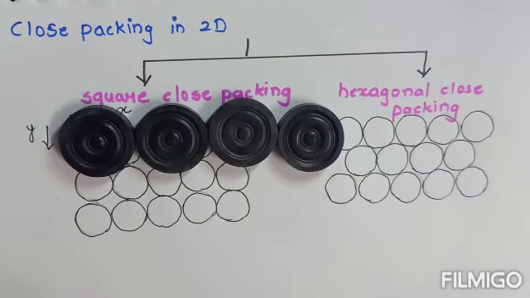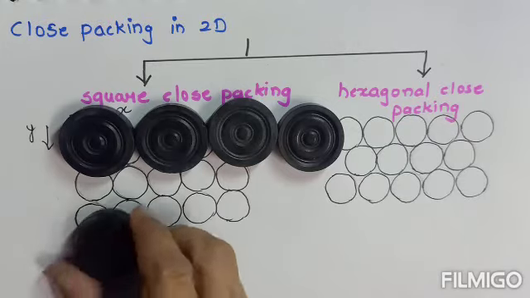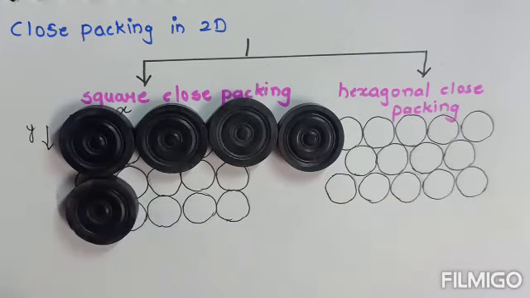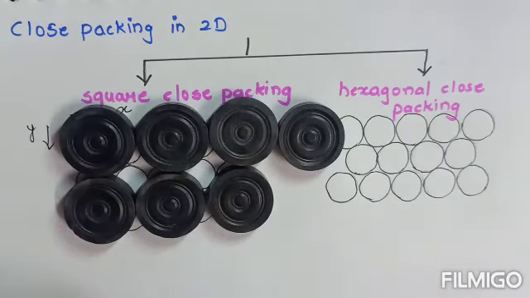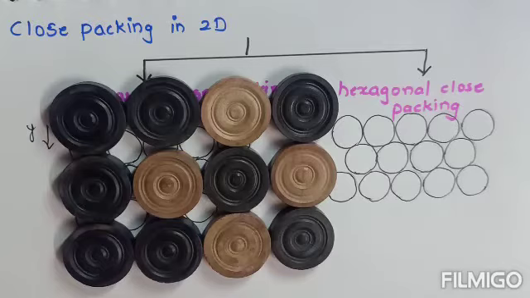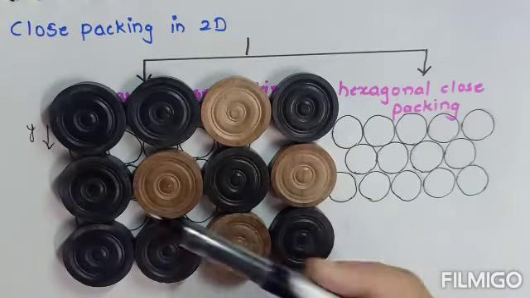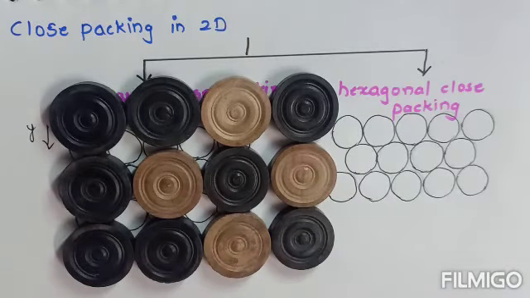For example, this is the first layer of the constituent particles. The second layer will be attached just below it in exactly the same way. So the arrangement of constituent particles is exactly the same whether we consider the x-axis or the y-axis.